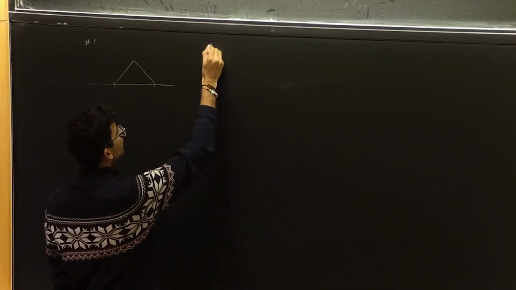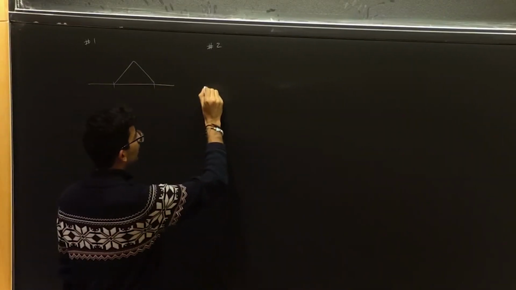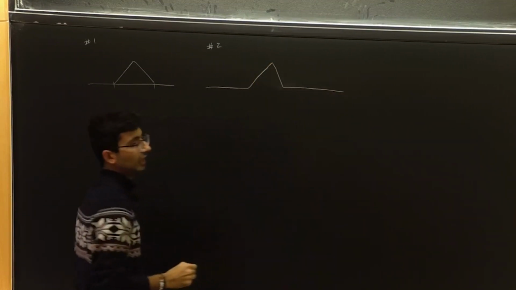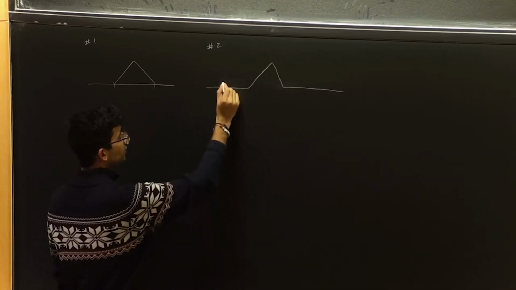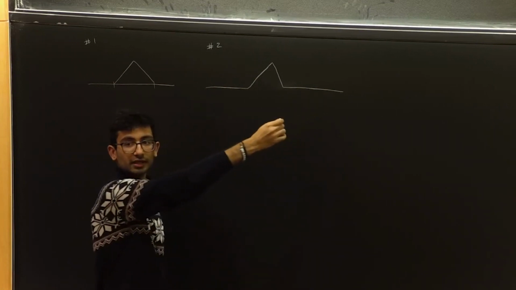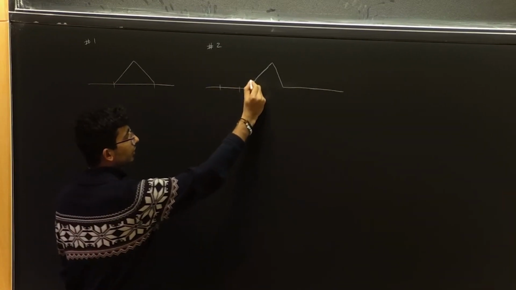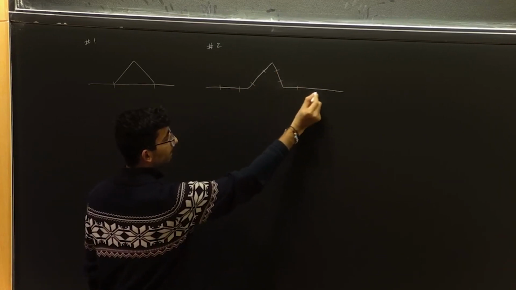And so this is step number 1. Step number 2, we start with this and we do the exact same process. So we start with something that looks a little bit like this. And then for every single straight line that you see, we're going to repeat that process. So here's a straight line, here's a straight line, here's a straight line, here's a straight line. For each of those straight lines, we're going to divide that up into 3 equal parts.